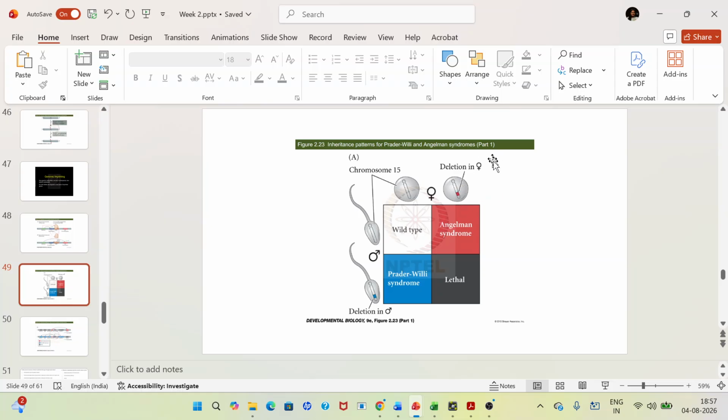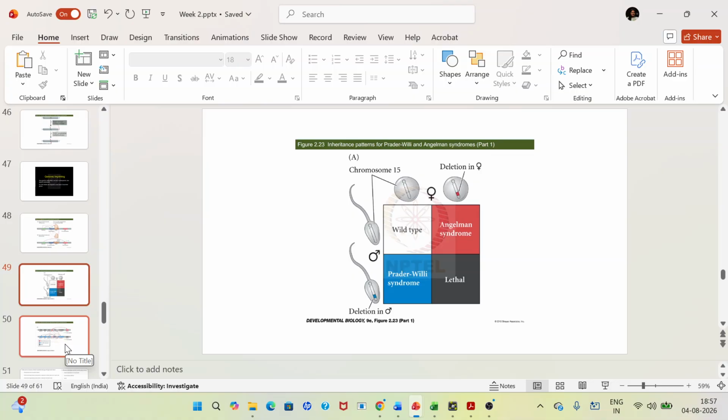But if a deletion of the maternal chromosome happens on this particular chromosome, but the paternal is completely okay, it can lead to Angelman syndrome. And if it happens in case of the paternal chromosome, and the maternal chromosome is intact, then it can lead to Prader-Willi syndrome. But if both of the chromosomes show this kind of deletion, it can be lethal, it can lead to death also.